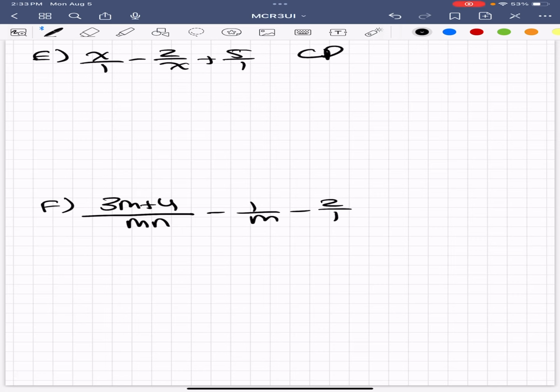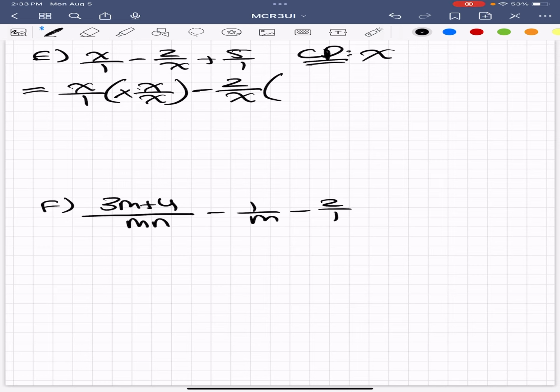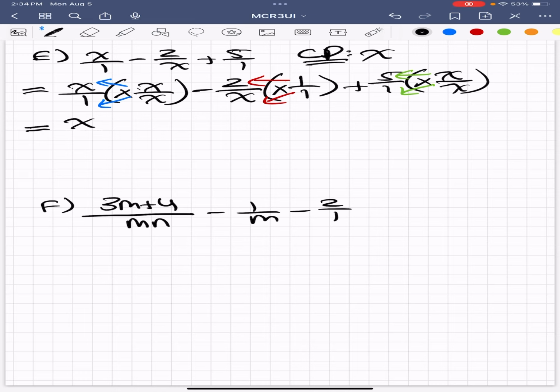So we have a common denominator of x. Okay, so we have x squared over x minus 2 over x plus 5x over x.